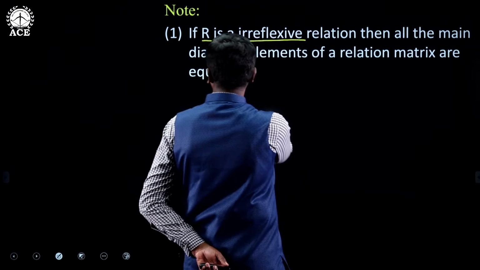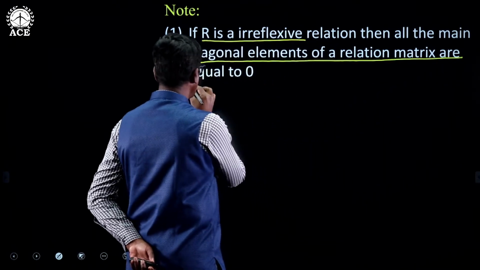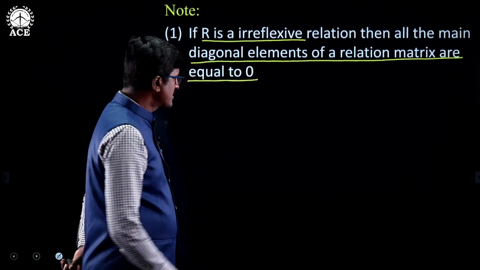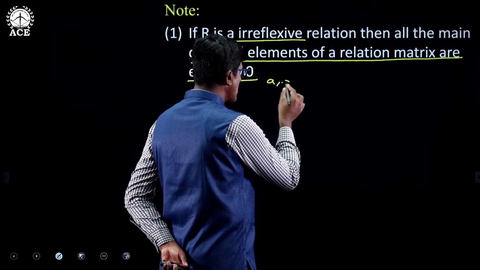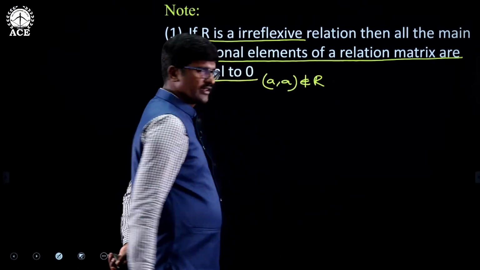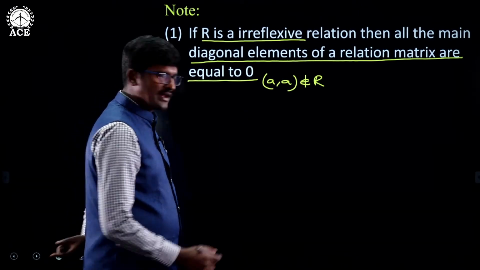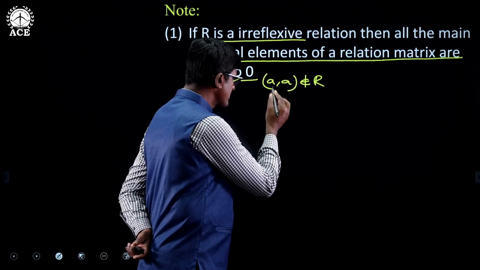That means all the main diagonal elements of the matrix representation of the irreflexive relation are zero, because (a, a) does not belong to R, and that is indicated with 0.